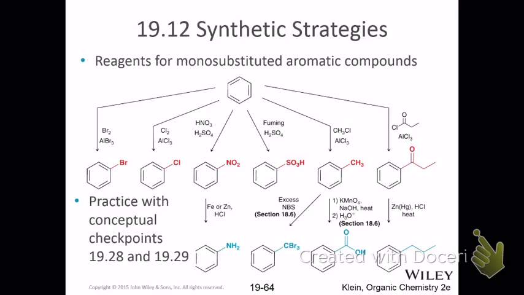So nitro groups can be reduced. Acyl groups can also be reduced. And then alkyl groups and even acyl groups can be further oxidized. Okay, so there's a lot of modifications that you can do. To oxidize an acyl group with what we've been doing, though, you have to reduce it first and then oxidize it. Just saying that.